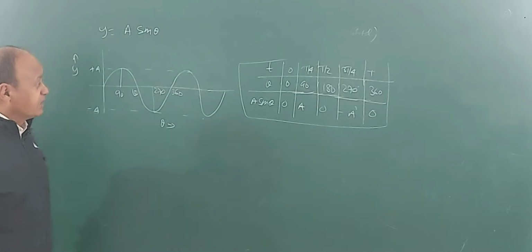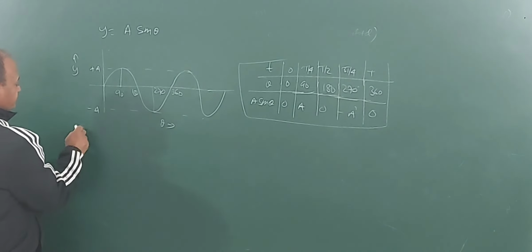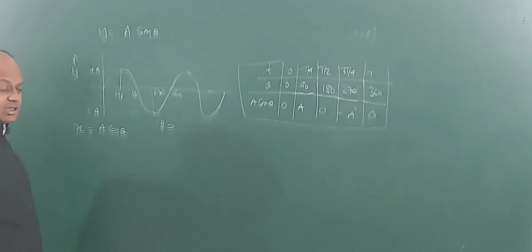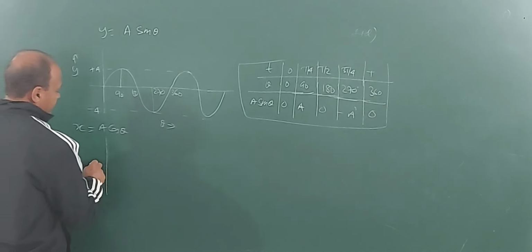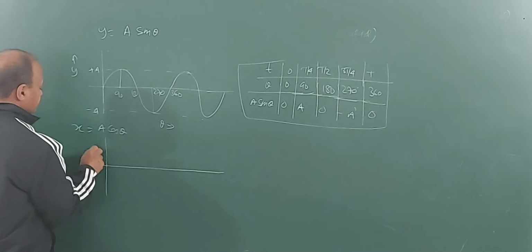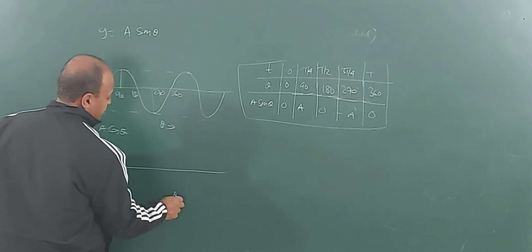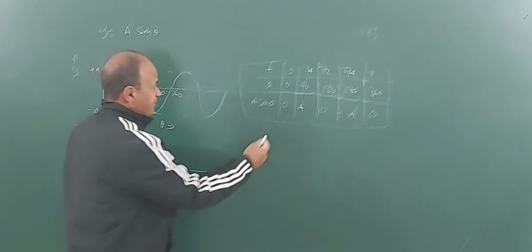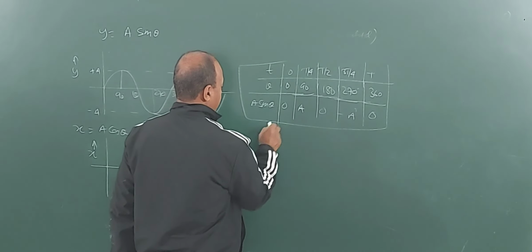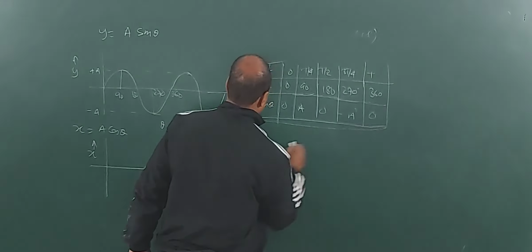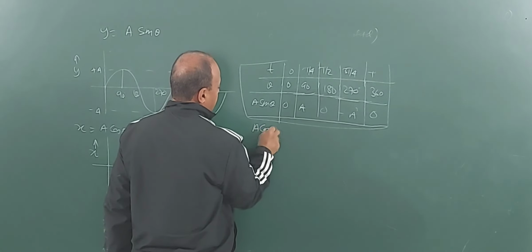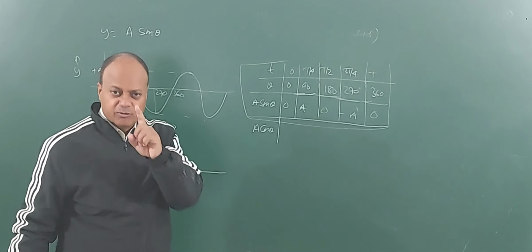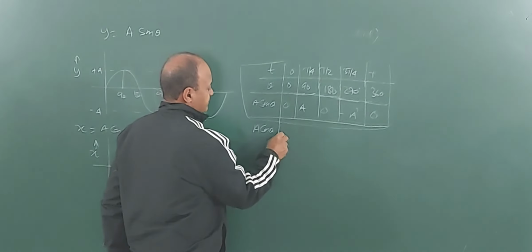This is important. Now when you are plotting a cosine function like x is equal to a cos theta, clear? Suppose I am denoting the x coordinate on the y axis here and theta on the x axis. So bear in mind, if I am writing values for a cos theta: when theta is 0, cos 0 is 1, so it becomes plus a.